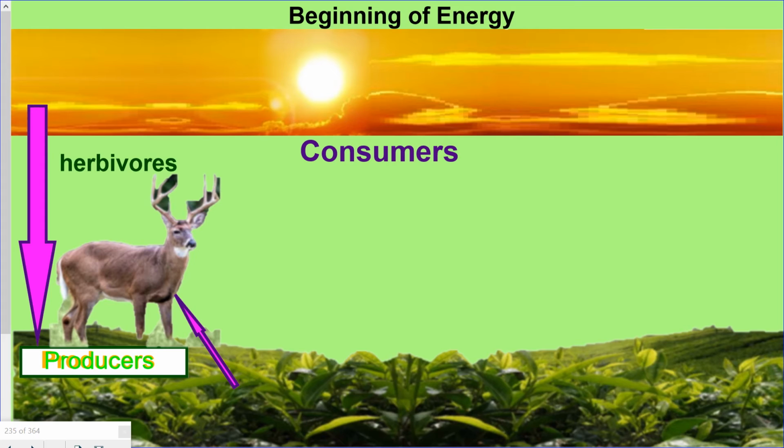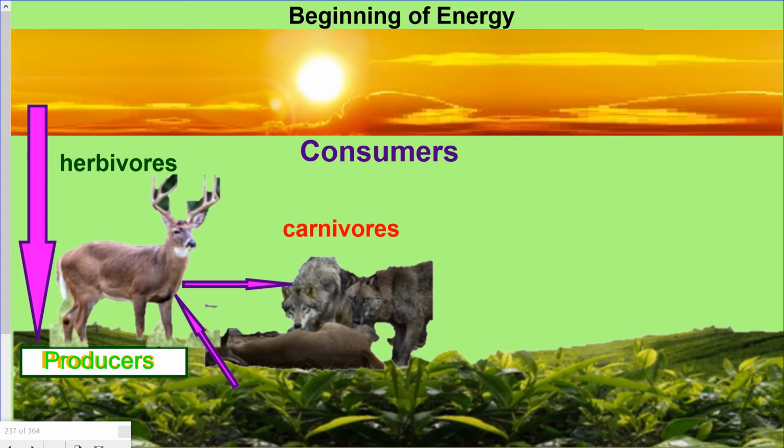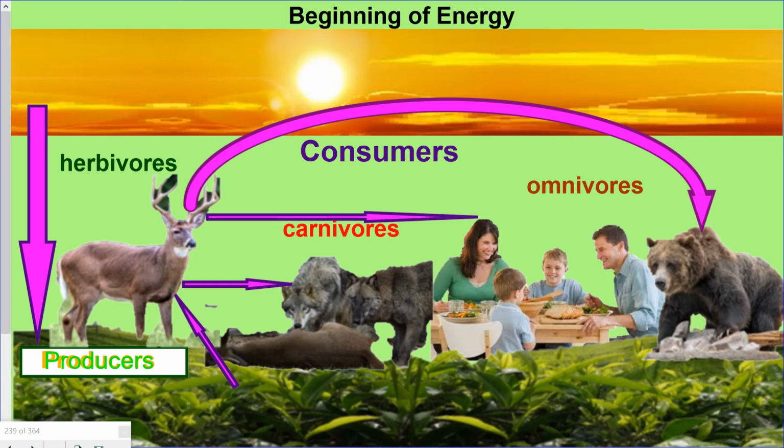So some of them are going to be herbivores that only eat the plants. Some are going to be carnivores that only eat the herbivores, right? So still their energy started out from the plants, started out from the sun, went to the producers, went to the herbivore, and now, in this case, the wolves are eating the deer.